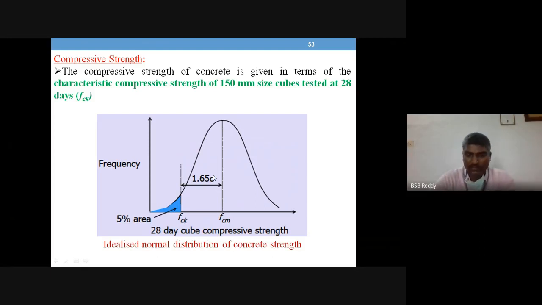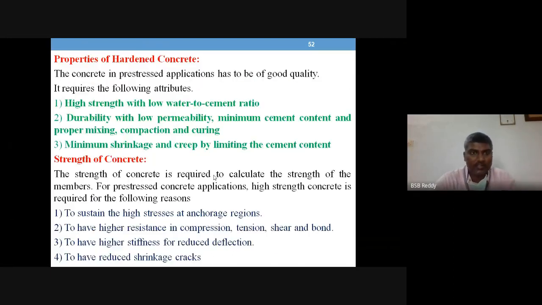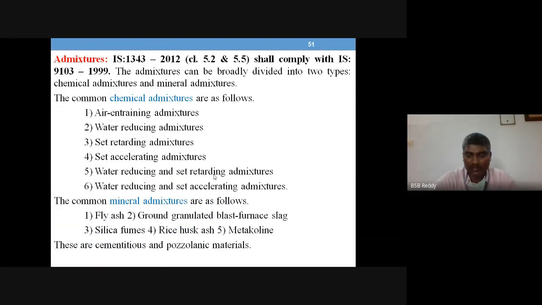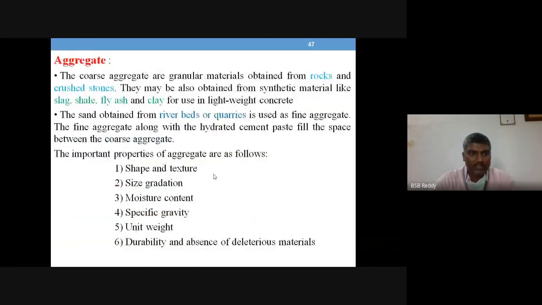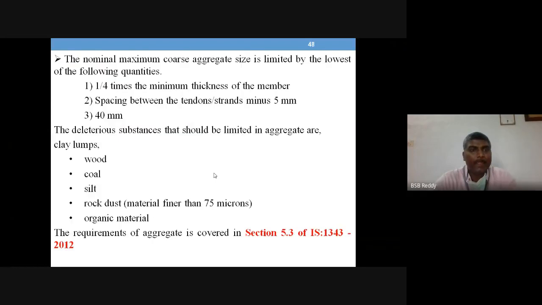Last session, we talked about high strength concrete, its constituents, their desired properties, and limitations, if any. I'll just quickly run through those slides. We talked about aggregates and their desired properties, and the maximum size of coarse aggregate, how much it should be limited to, which we introduced in the last session.